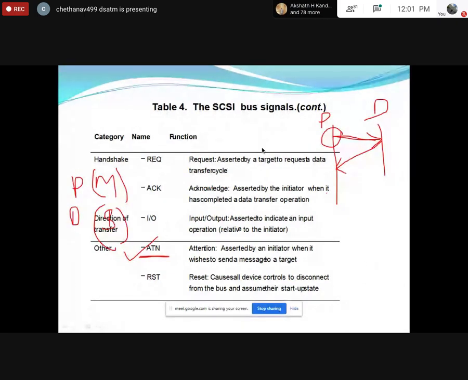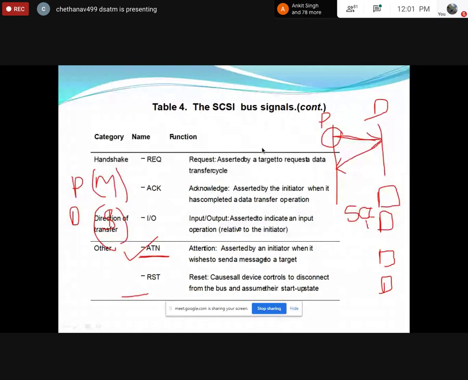Then reset will be there. Reset is nothing but the device controls disconnecting from the bus and assuming their startup state. I'll give one simple example. Suppose we have three disks here, and initially I want to set up a connection with my SCSI controller, to initiate the connection for my SCSI bus.